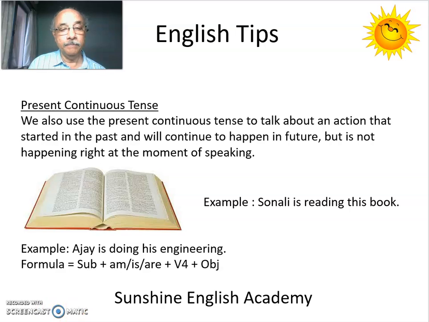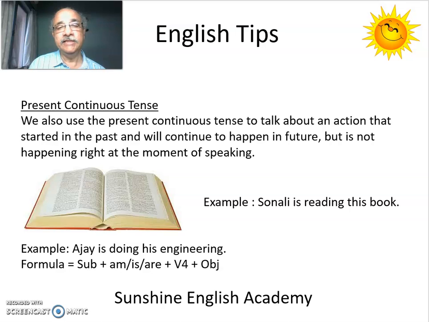Another example is Ajay is doing his engineering. Now imagine this is a 4 year course and Ajay has completed 1 year and he has 3 more years to go.